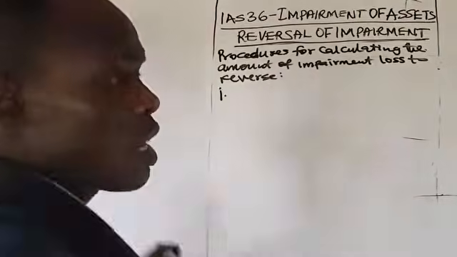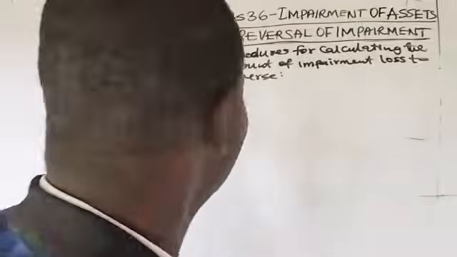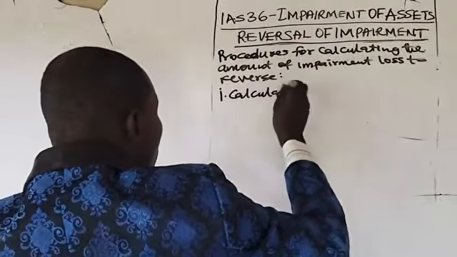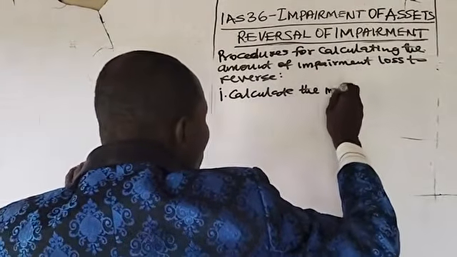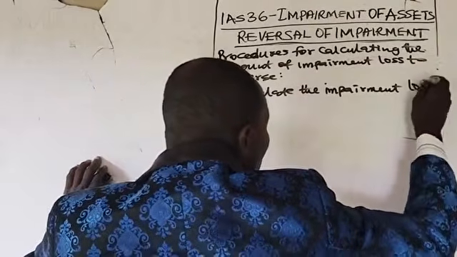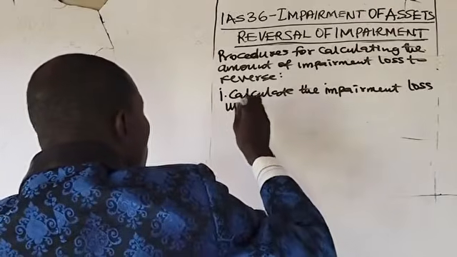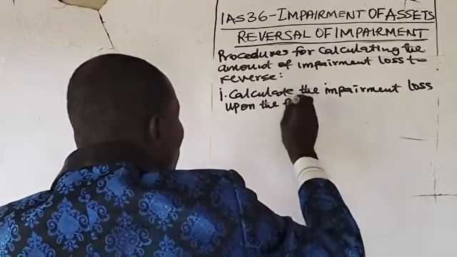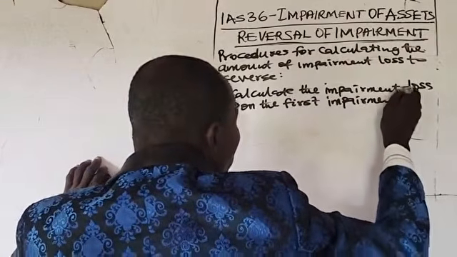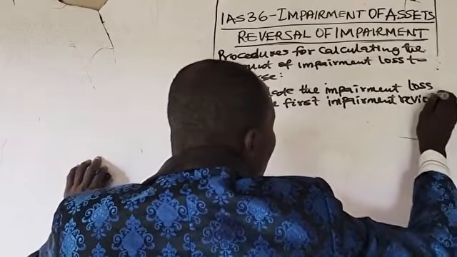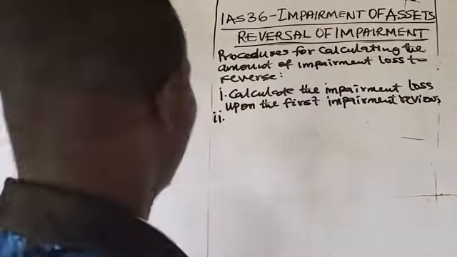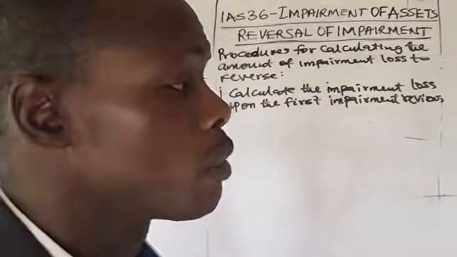One, calculate the impairment loss upon the first impairment review.